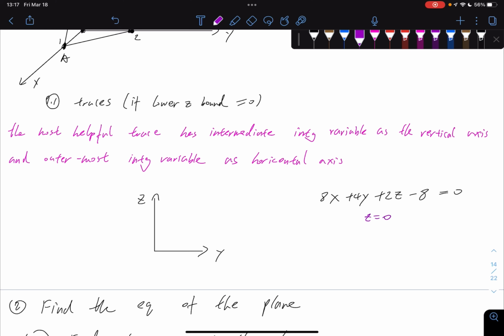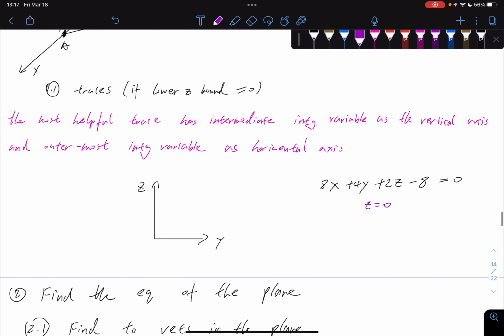Sorry, not set it equals 0, let's set x equals 0. So now we have 4y plus 2z minus 8 equals 0.